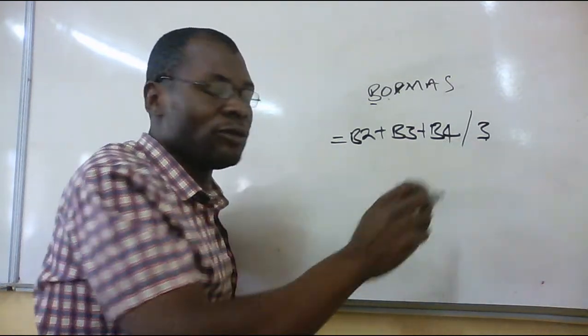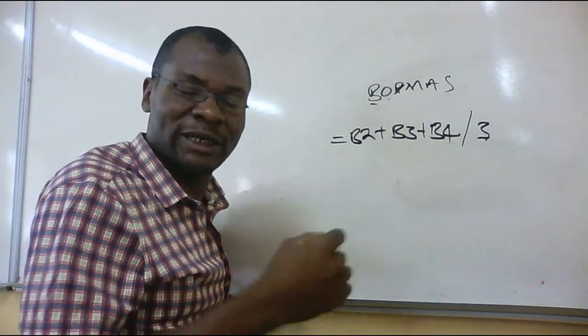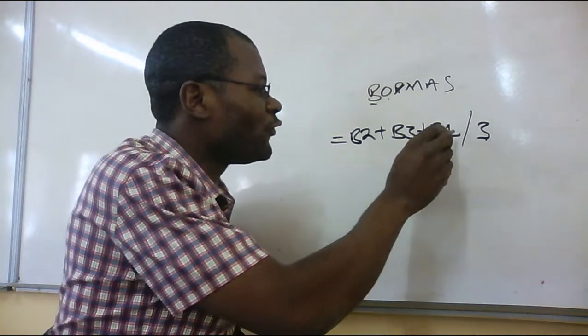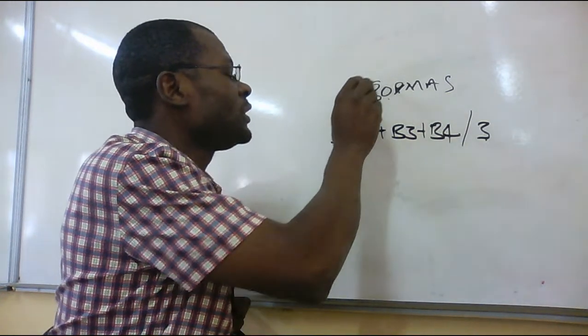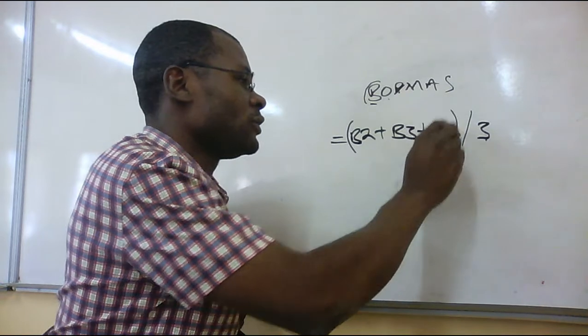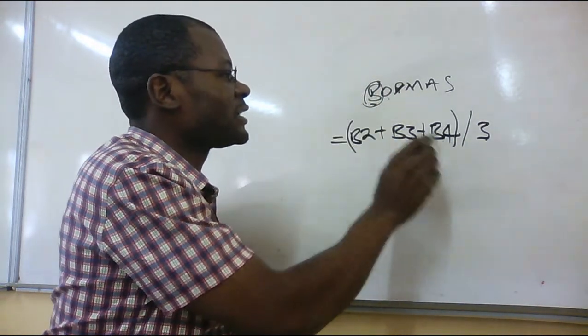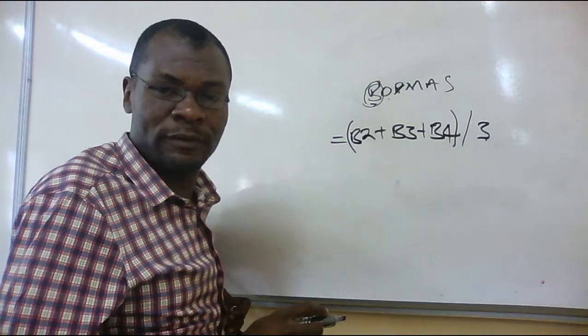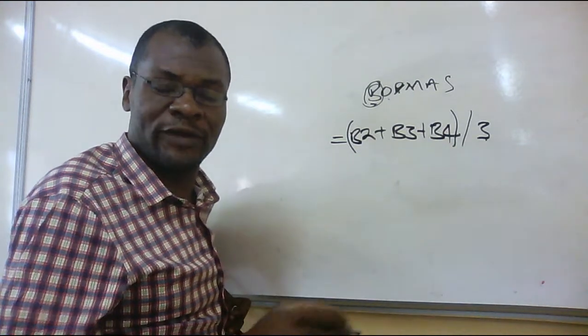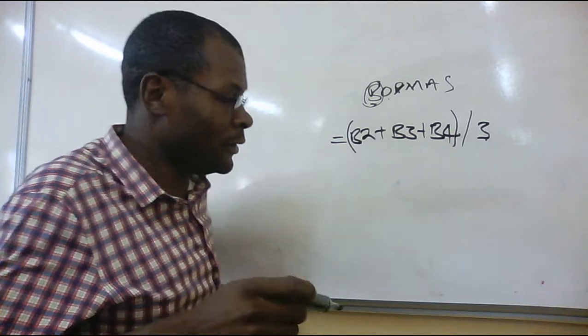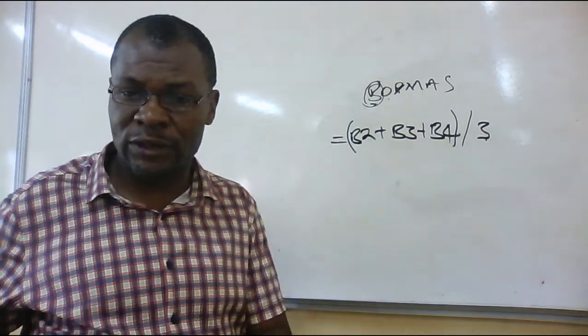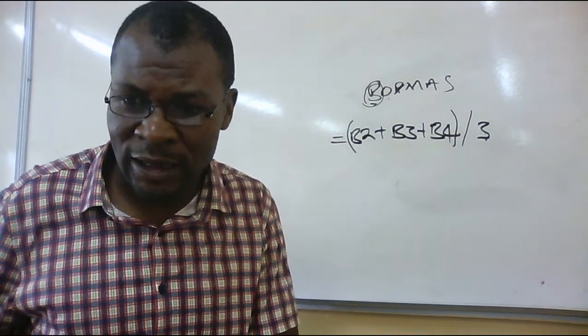So in order to control Excel to do what we want it to do, we are going to force this by including the brackets there, so that it do the sum in the brackets before it can divide. So this is the formula that will qualify to fit in this type of the question if you want to get the correct answer.